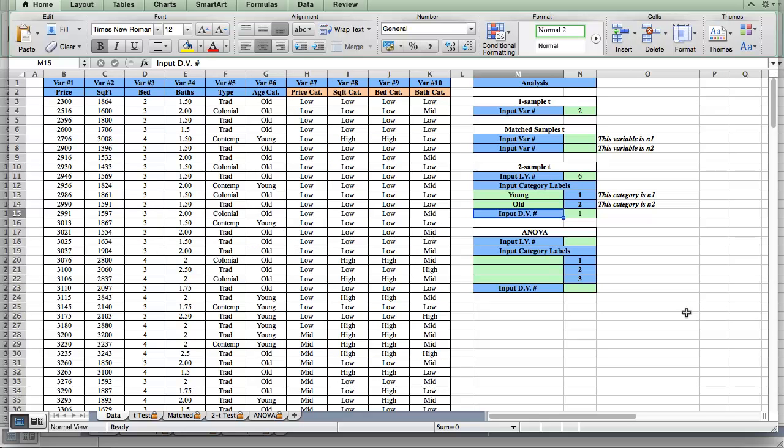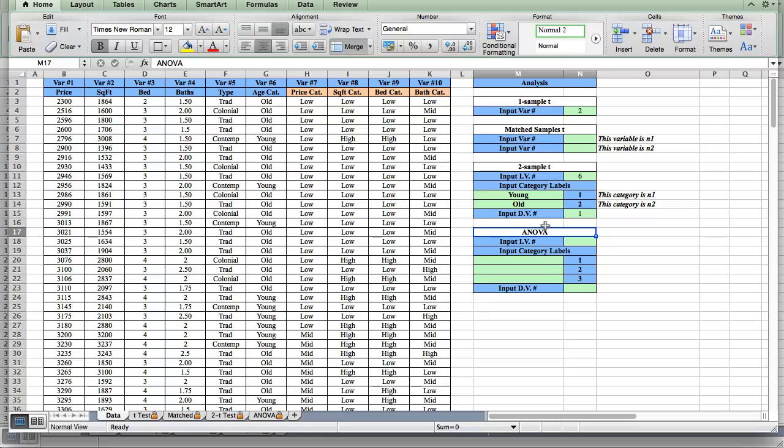Now, the two sample t was appropriate for the independent variable age category because there are only two categories. We're comparing two means, or we could say we're making inference about two population means, the difference between them. ANOVA is a technique that we could use when we're comparing more than two. In our class, we're only comparing three.